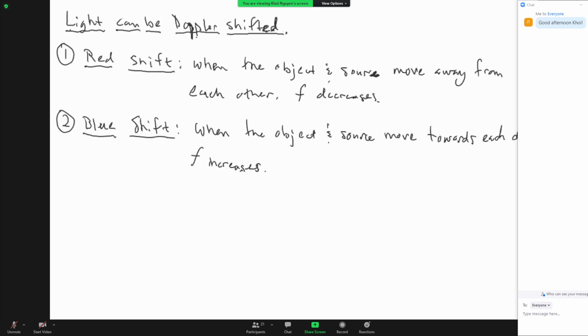Speed of light is what? 300 million meters per second. A typical car goes like 80 kilometers per hour, right? So that's a really, really small speed. And what happens when we compare a really small speed with a really big speed? It's not going to make much of a difference.